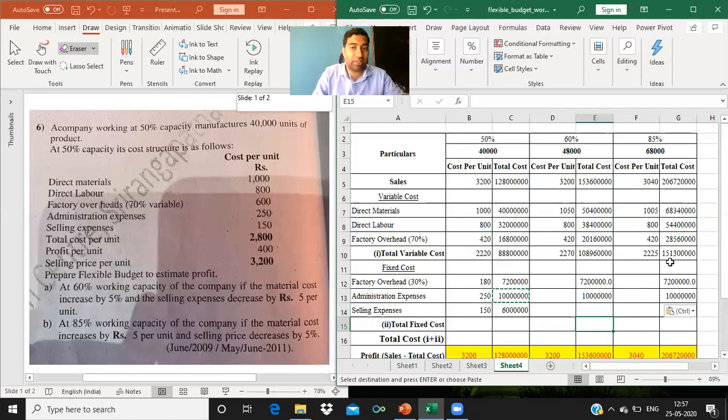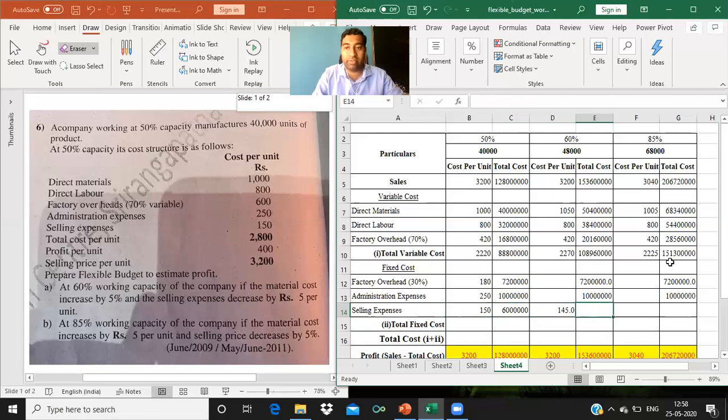Coming to the selling expenses, at 60% capacity, is there any change? Yes, there is a change and the selling expenses decreases by rupees 5 per unit. So here it is 145. How we got 145? It is 150 minus 5 rupees decrease per unit.